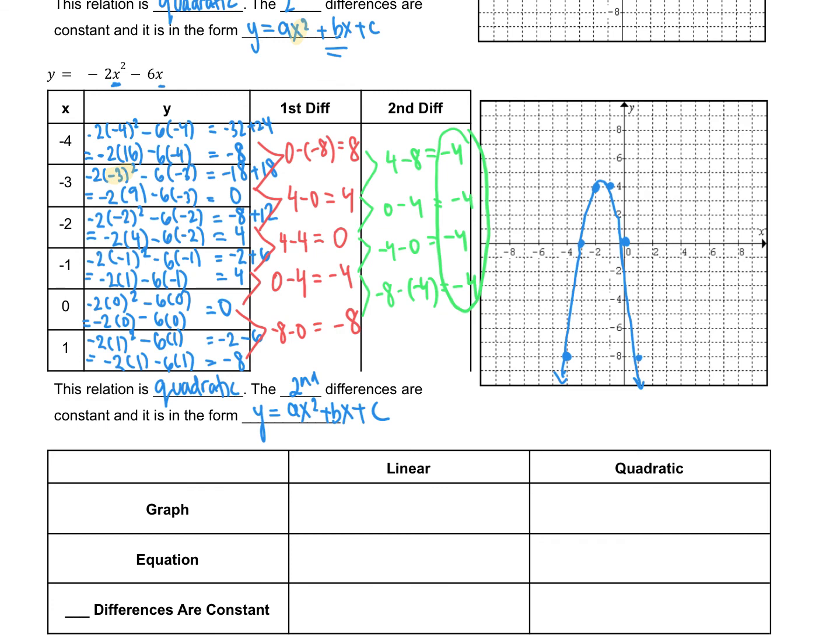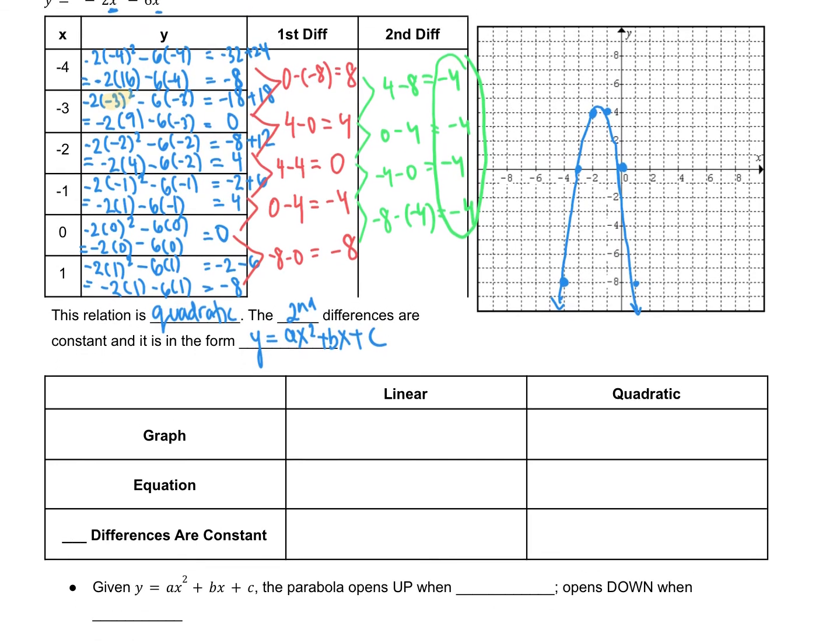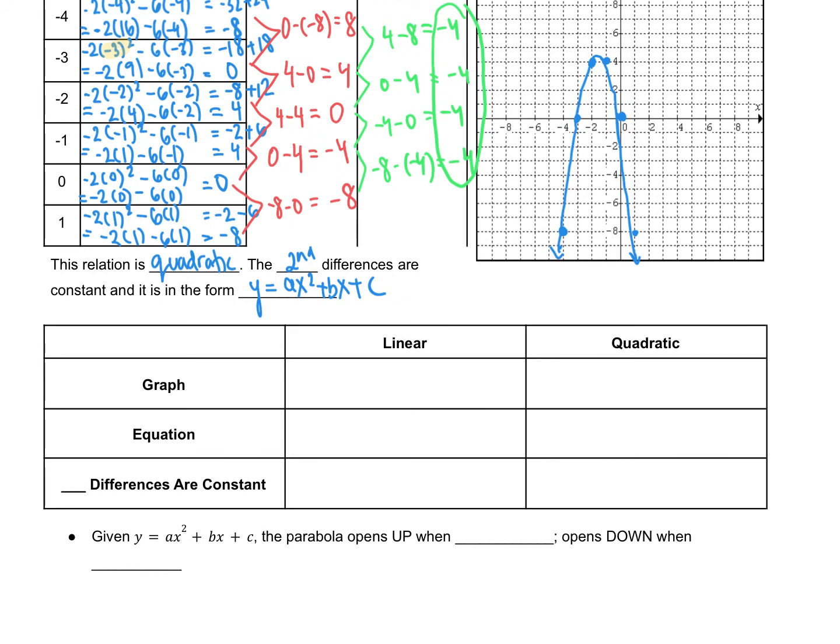So in terms of your comparison of linear versus quadratic, for linear, the graph is just a line, either going up or going down. For the quadratic, you have a parabola that's opening up or opening down. In terms of the equation, y equals mx plus b for the linear.